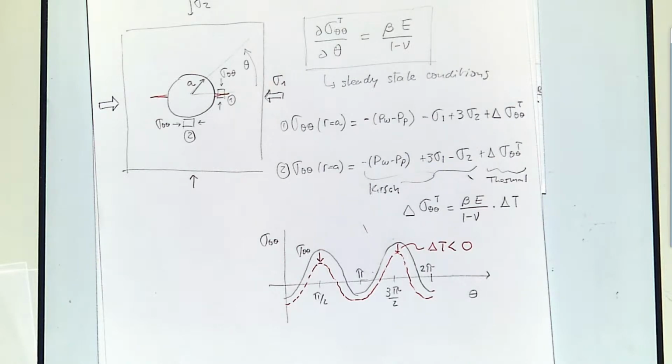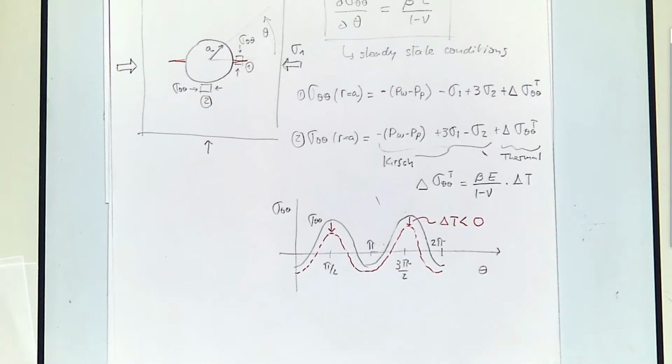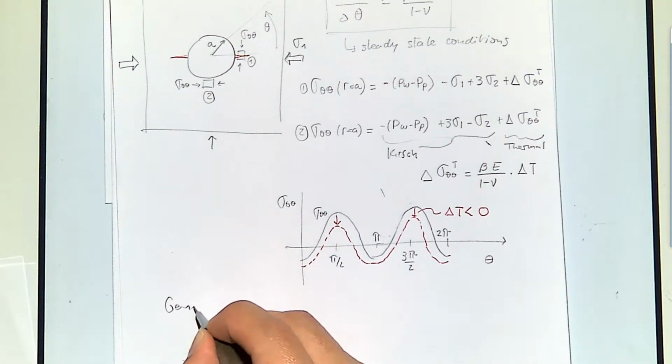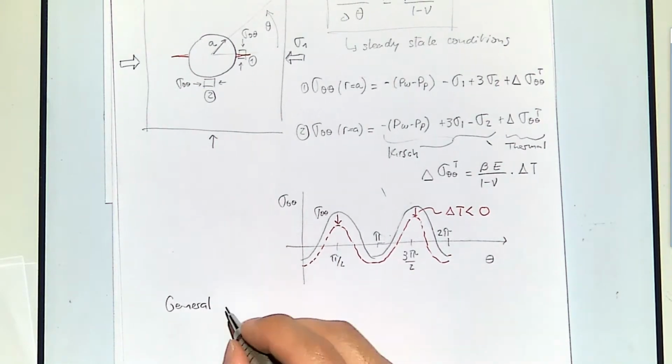Okay, well, so far we have talked about steady state solutions, but actually a real problem is not going to be steady state, it's going to be a transient problem. And in order to solve a general problem of thermo-elasticity, you need to consider that part.